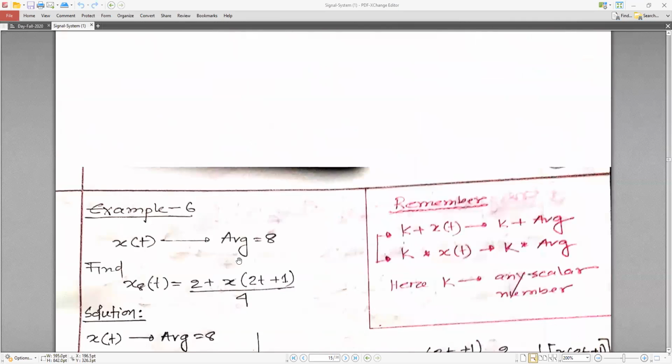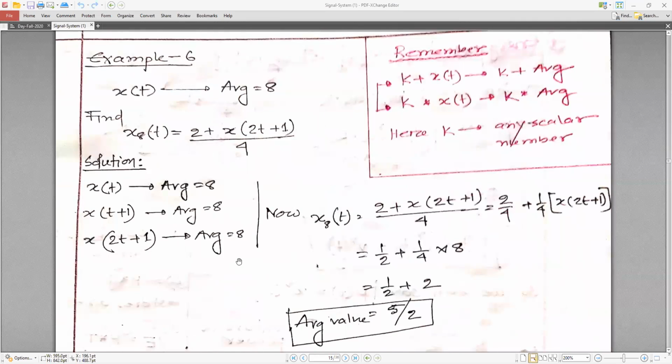Okay, let's look at another example. Example 6. x(t) is average 8. So find x8(t2). So they have asked you to find out this one. So you have to remember a few previous things, like average of k plus x(t) is equal to k plus average, k into x(t) is equal to k into average.